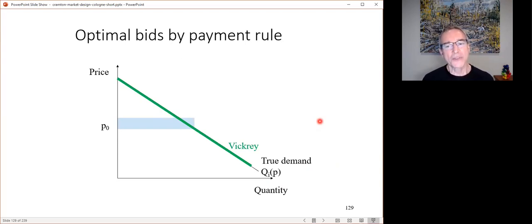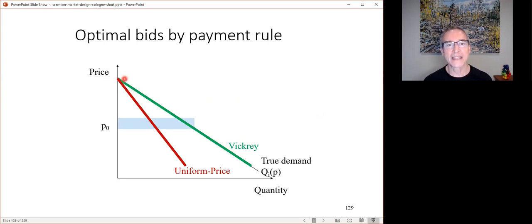Now in both the uniform price and the pay as bid, we're going to have an incentive to deviate from our true demand. In particular, since we're buyers, we're going to be shading our bid from our true demand, and we shade the bid in quite different ways in pay as bid and uniform price. First, let's think of uniform price. What we want to do is take our price impact into account.